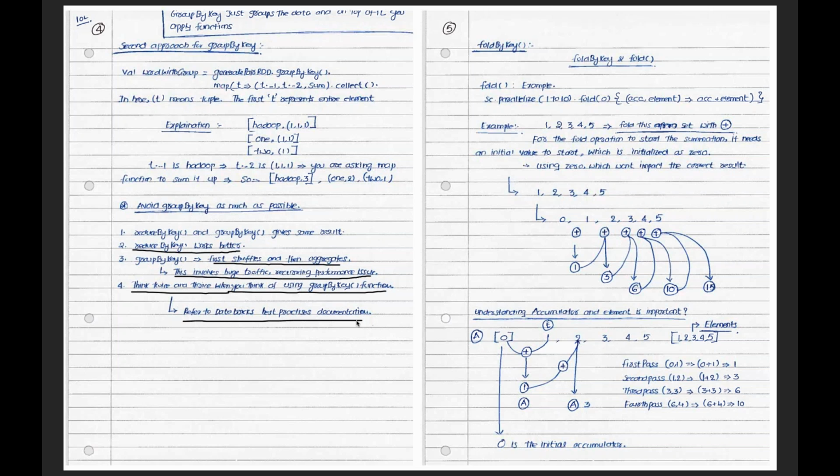I told you earlier, every transformation works on a partition basis. In one partition, you have multiple keys and their corresponding values. Before it goes to the second partition, it has to complete the function on the first partition.